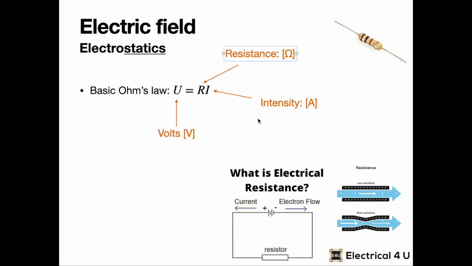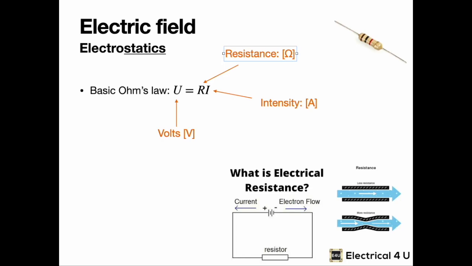So basically, you remember the sketch from last week. You have the current that flows into a circuit. It meets a resistor that will decrease the capacity of current flow inside the circuit.